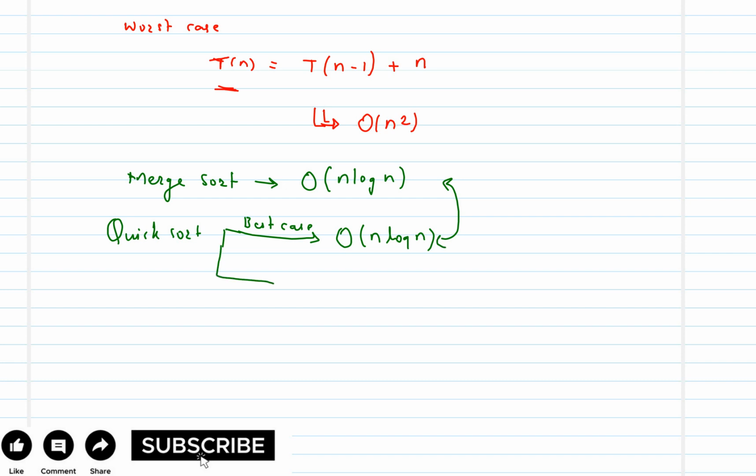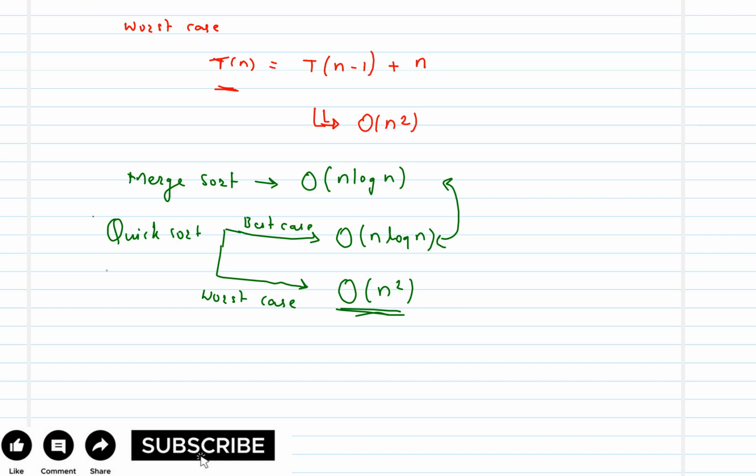And the worst case complexity is big O of n square, which is quite similar to algorithms like bubble sort, selection sort, or insertion sort. So the worst case complexity of quicksort is big O of n square.